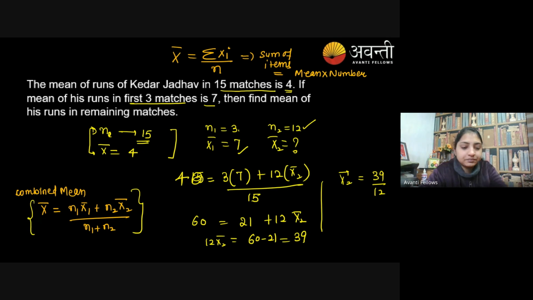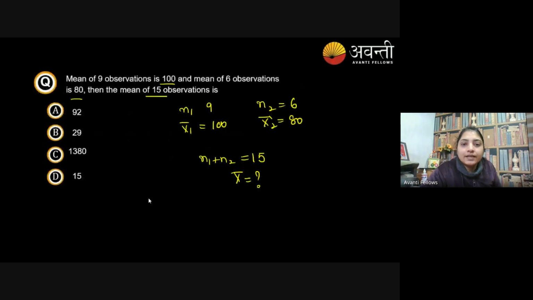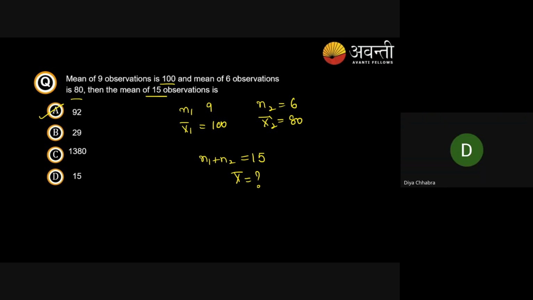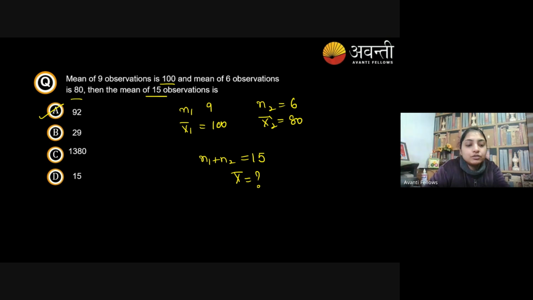Okay, thanks. So for the second question, I got the answer 92. Anyone having doubt in this question? No, ma'am. So everyone is very much familiar with which formula you need to apply, right or not? Yes, ma'am. So what formula do I need to apply?